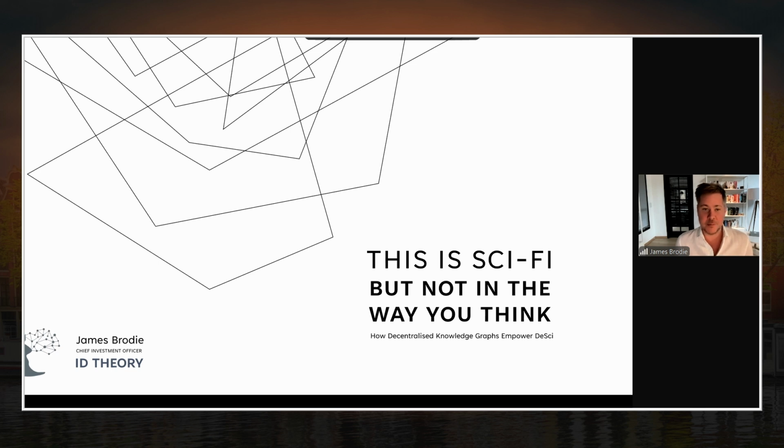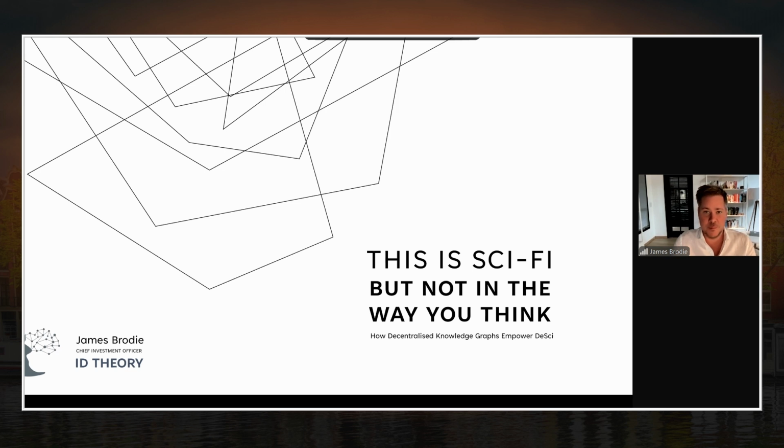Today I am excited to introduce you to SciGraph. This is a platform that we believe is poised to accelerate scientific breakthroughs, and it does that by leveraging decentralized knowledge graphs. In the next 10 minutes, I'm going to walk you through SciGraph, the vision behind it and how it came to be, some of the work we've been doing with Origin Trail, and I want to try and demonstrate how we think this can accelerate discoveries in science.